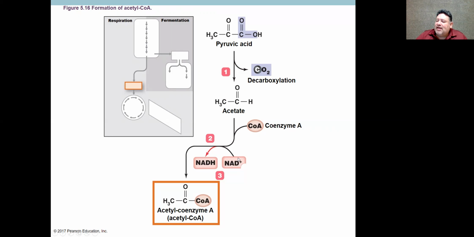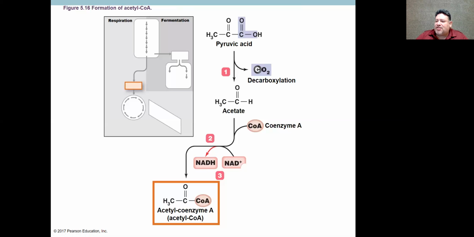We harvest high energy electrons. Again, anytime that you see NAD turning into NADH or FAD turning into FADH, that's high energy harvest. So here's a harvesting of high energy electrons, okay?